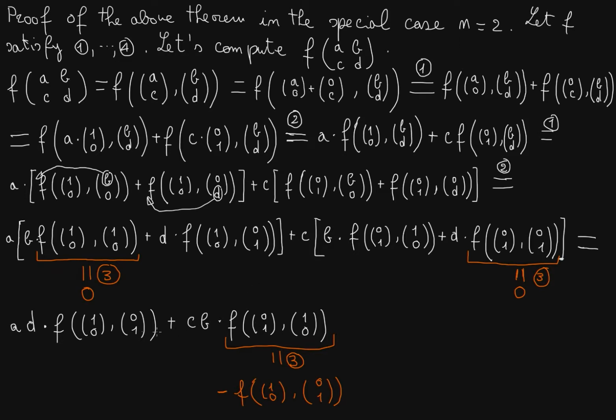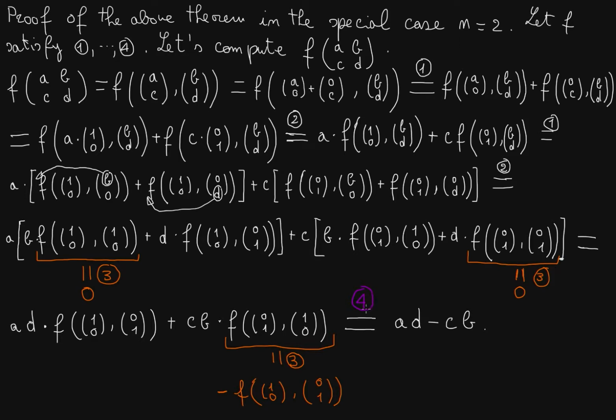Now as we can see here, we have f applied to two vectors, which in one case are (1, 0) and (0, 1), but in the second case they are the same vectors which we have just switched in order. But f of (1, 0), (0, 1) is something we are familiar with, because that is precisely property 4.